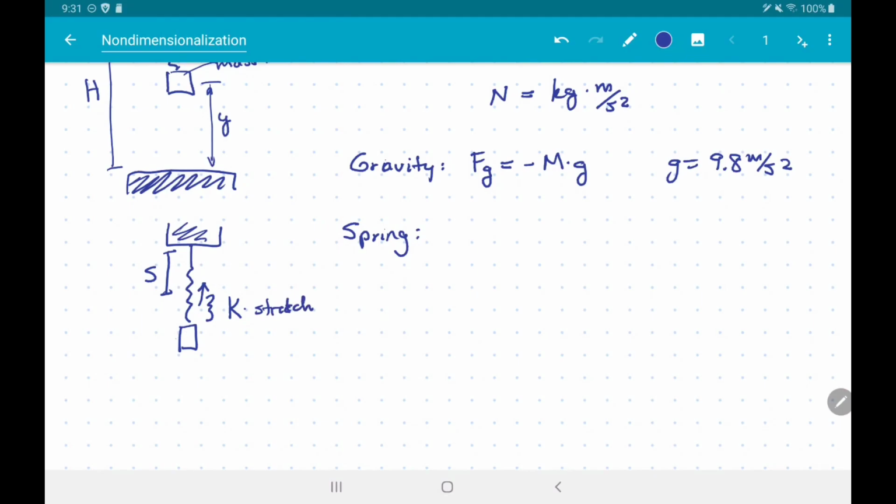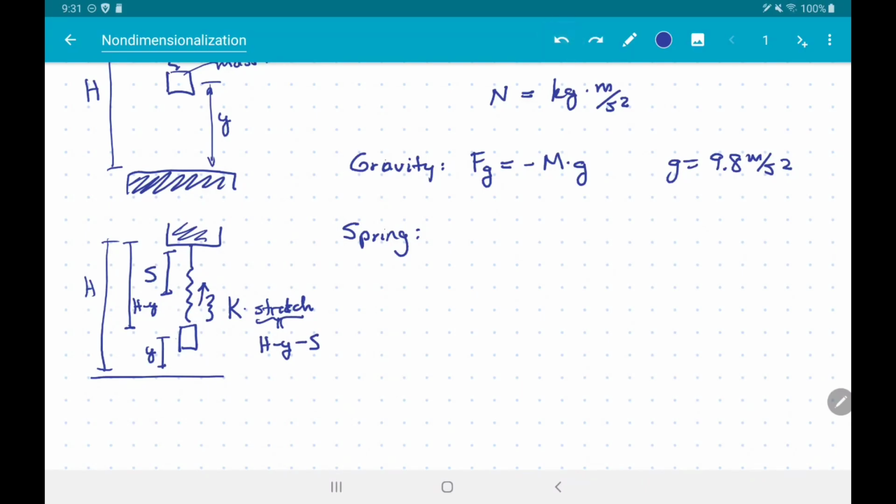So that's going to be calculated as follows. The actual length of the spring is h minus y. The stretch is h minus y minus s. So that's the amount by which the spring is extended past its preferred length.